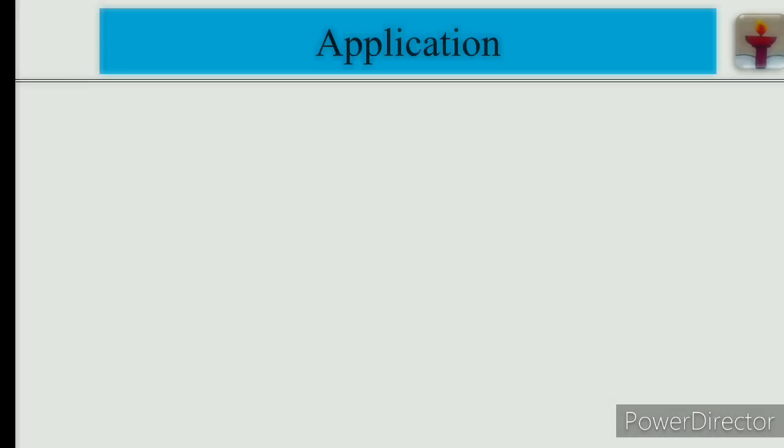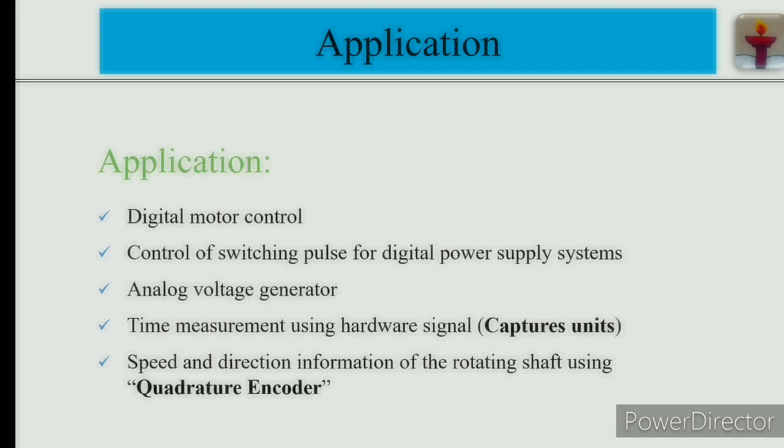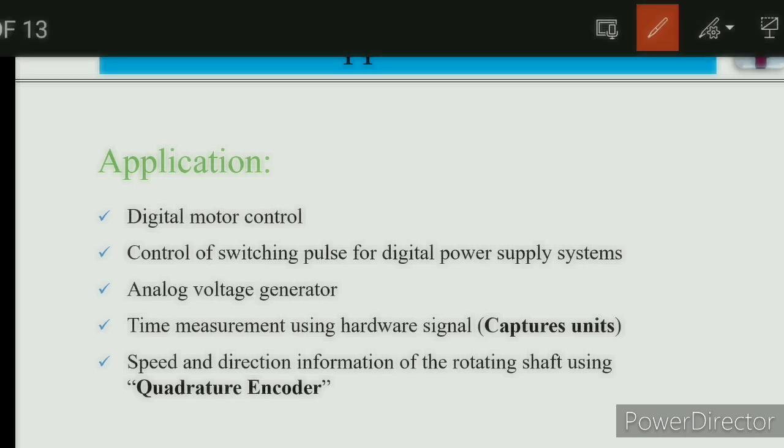Now, what are the different applications? It has applications like digital motor control, control of the switching signals, control of the switching pulses for digital power supplies, and analog voltage generation. The important part is the capture unit, and what is the meaning of the capture unit?